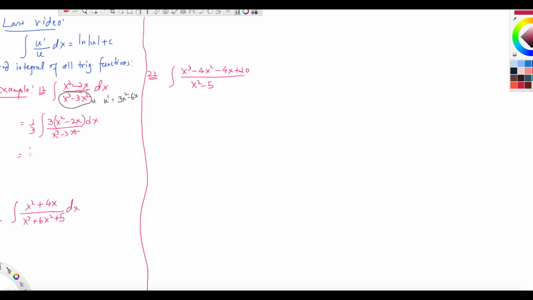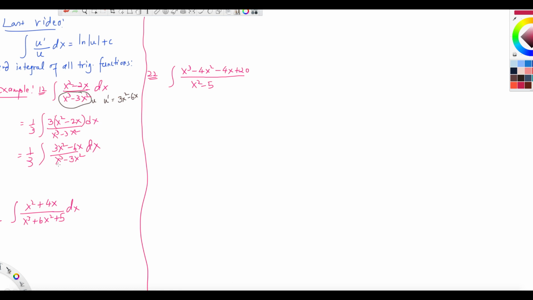Now what do you get? You get 1/3 and then the integral of 3x squared minus 6x divided by x cubed minus 3x squared dx. Now you have perfectly this format, right? There is a u in the denominator, x cubed minus 3x squared, and the derivative of that is 3x squared minus 6x.